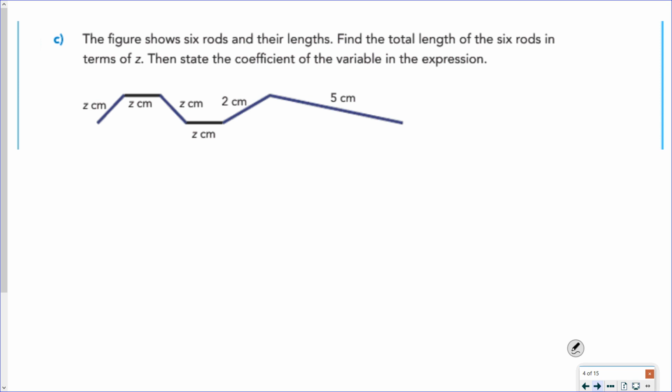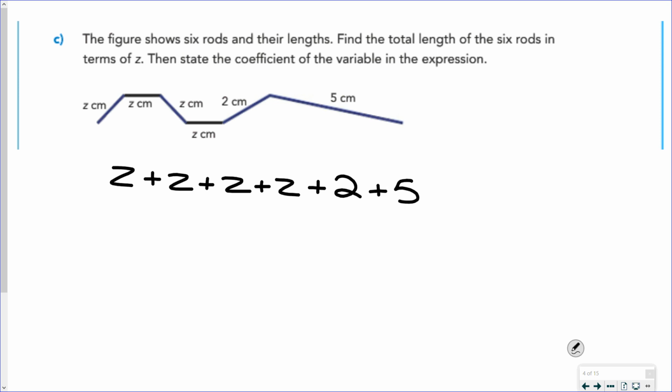If we have 6 rods, we want to find the total length of the 6 rods in terms of z. So we would take the 6 sections and add those together: z plus z plus z plus z plus 2 plus 5. When simplifying expressions, we are doing what's known as combining like terms. In order to be like terms, they must use the same variable.